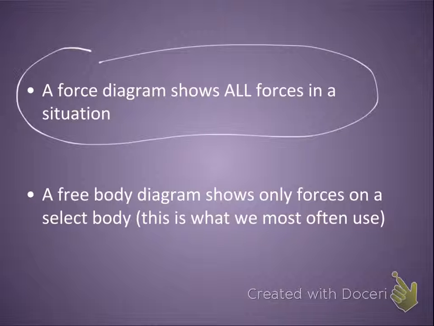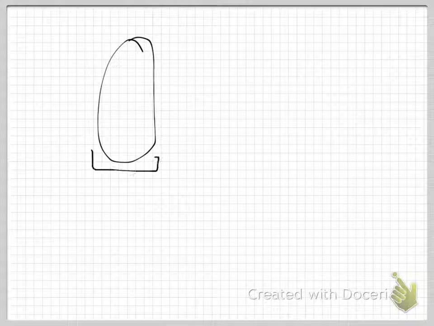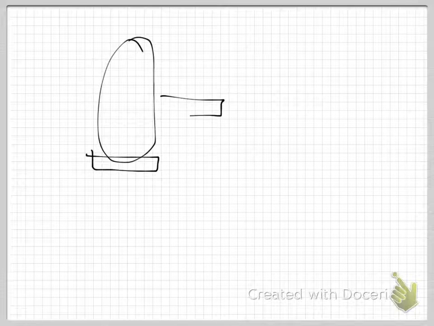So to do a force diagram of you sitting in a chair at a desk in this room. Well, we tend to generalize in physics, so you turn into a potato. You know, there are worse things to be. But we have to show the chair, we have to show the desk, we have to show the floor.